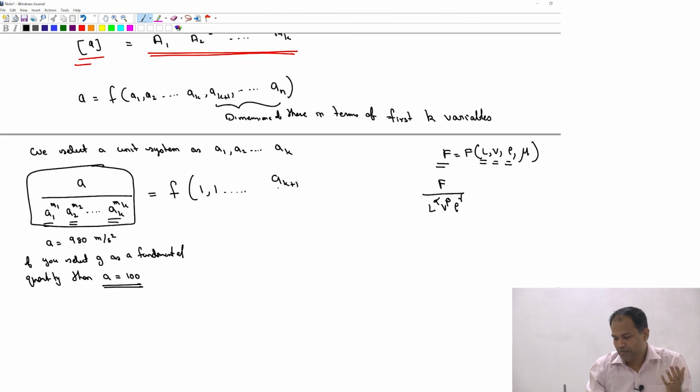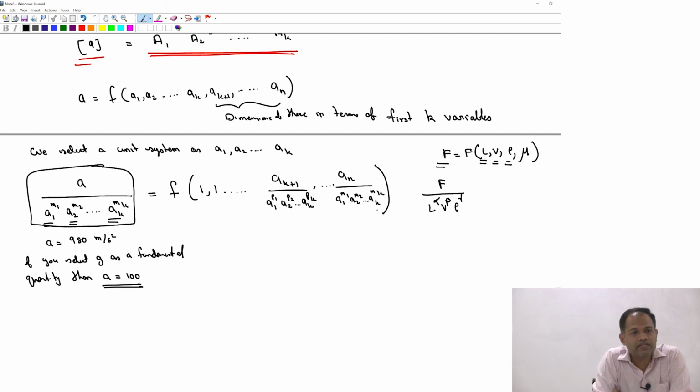AK plus 1 measured in terms of A1, A2, etc. up to AK will be some A1 to the power of P1, which we do not know, A2 to the power of P2, etc. AK to the power of PK, and so on, all the way up to variables AN, which will be measured as A1 to the power of M1, A2 to the power of M2, some arbitrary powers, AK to the power of MK. That's what we would get if we were taking a unit system spanned by the first k variables.